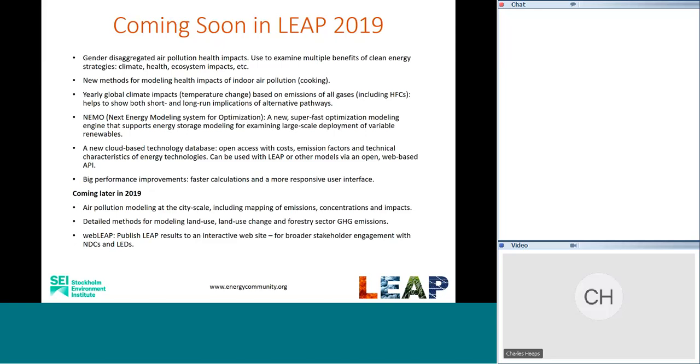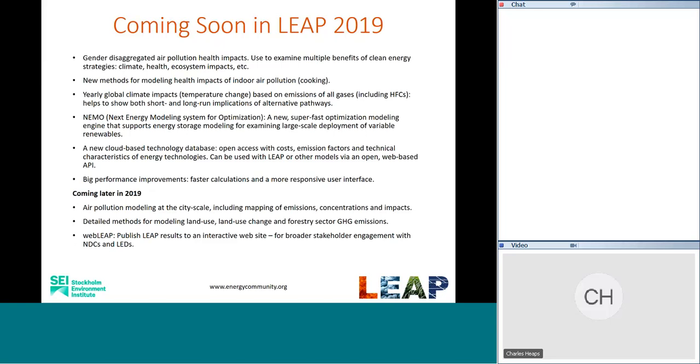Another very exciting feature is this new modeling tool called NEMO, which stands for Next Energy Modeling System for Optimization. Basically, we're revamping the optimization modeling capabilities in LEAP, which in the past have been fairly basic, but we're adding this new super fast optimization modeling engine, which will enable us to look at a bunch of new issues.